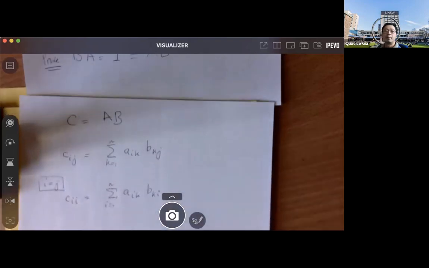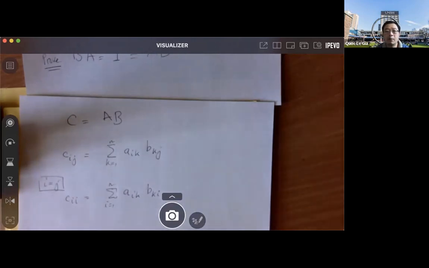So now it's not easy to see why it has to be equal to 1, right? So we have to make use of the property of the matrix.